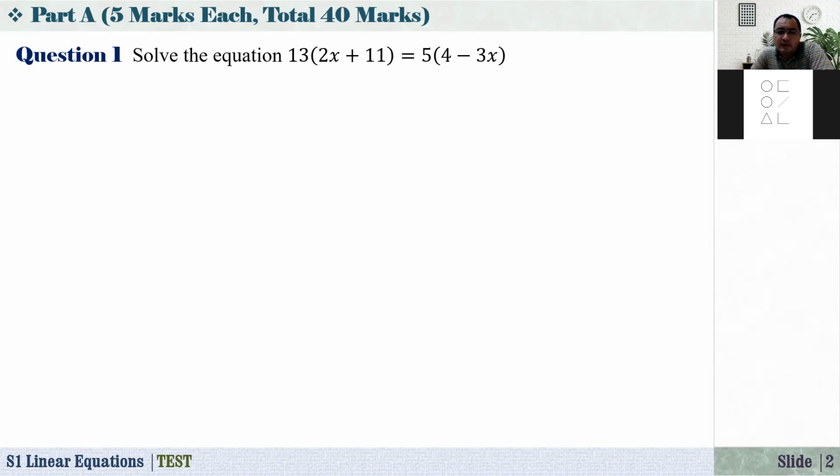That means we make x the subject of the formula, expressing x in terms of the remaining variables or numbers. This is what we call the solution of this equation. Here, of course, we are looking for a number. When we substitute it for x into the equation, the left-hand side and right-hand side will produce the same values. That's called an equation. To do this, we need to follow some algebraic rules.